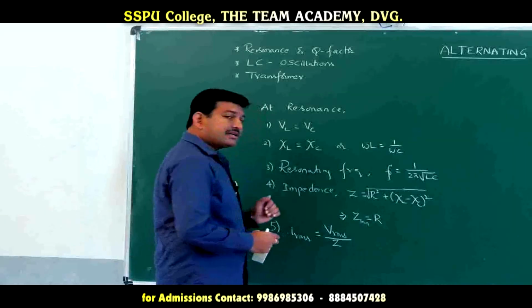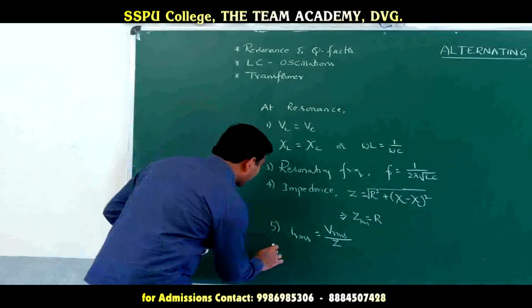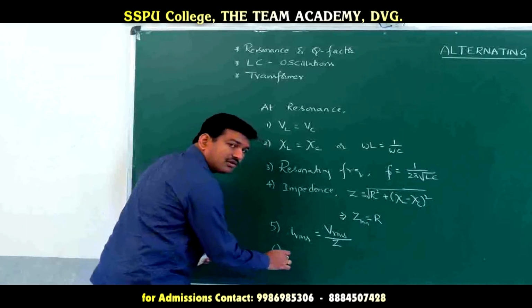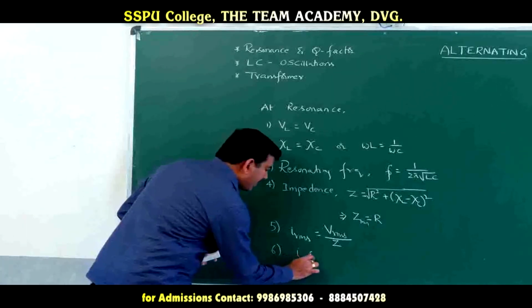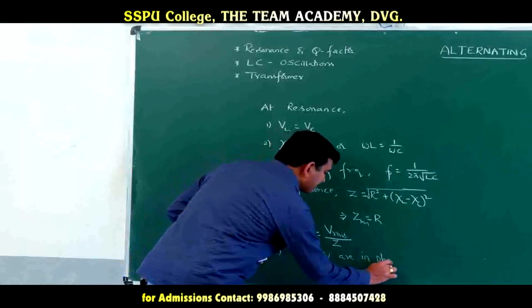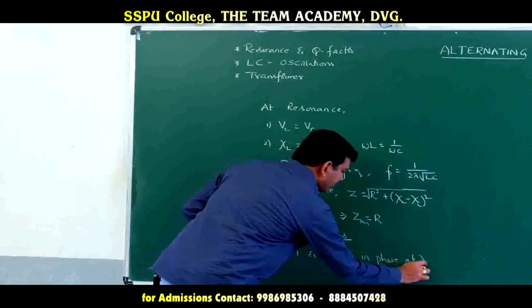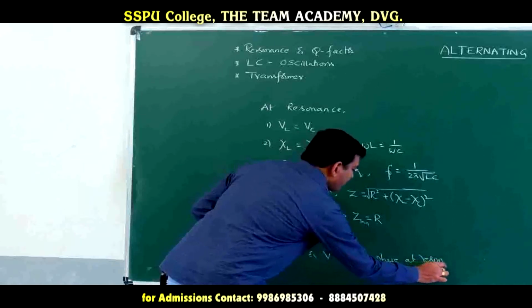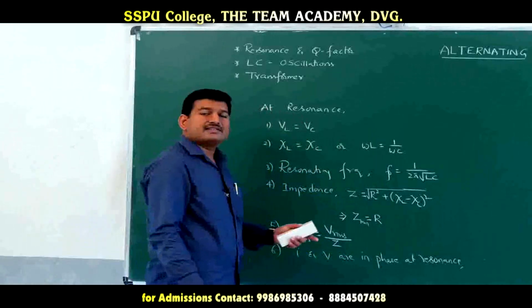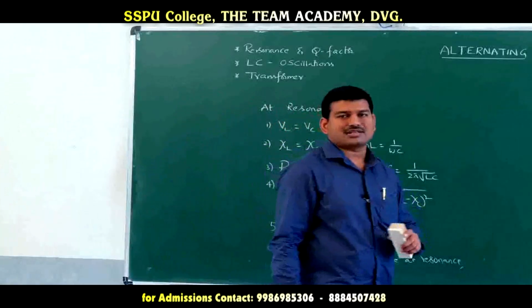At resonance, how are current and voltage? At resonance, current and voltage are in phase. I and V are in phase at resonance. Generally this is seen in the case of a pure resistive circuit.